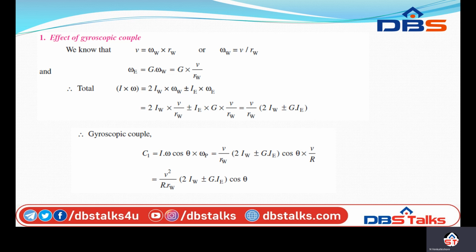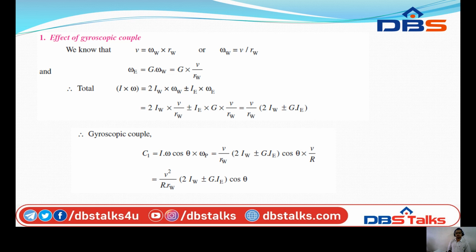Next, the total gyroscopic couple, that is I omega, is equal to 2 into IW into omega W plus or minus IE into omega E. That is the total gyroscopic couple on the wheels and on the engine rotating parts.